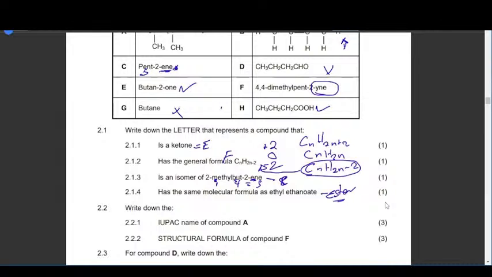Therefore, it is a functional isomer. If you look at this, ethyl means 2 carbon atoms, and eth also means 2, so that is 4 carbon atoms. And here, 1, 2, 3, 4, 4 carbon atoms. So they have the same number of carbon atoms. And ethanoate means that it has 2 oxygens, and also here, it has 2 oxygens. So basically, that becomes the answer. So the answer here is going to be H.